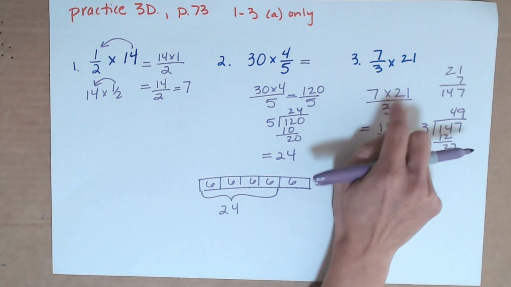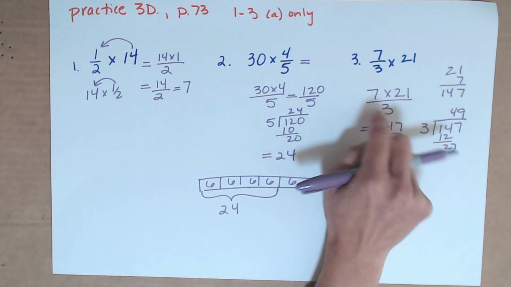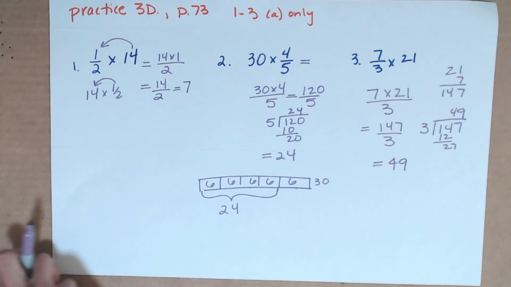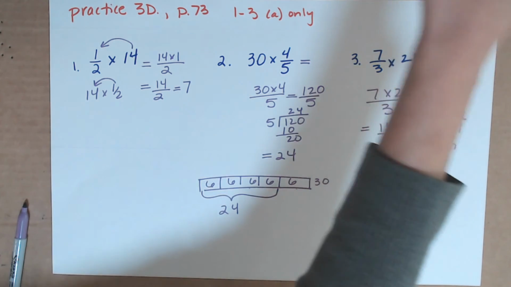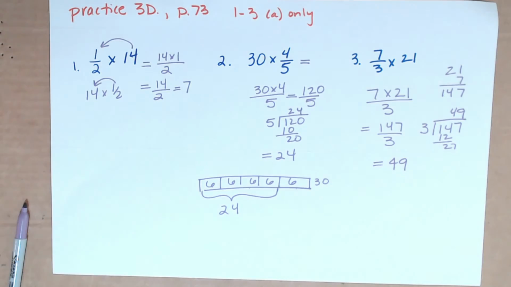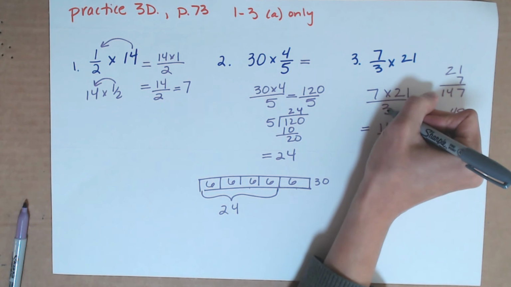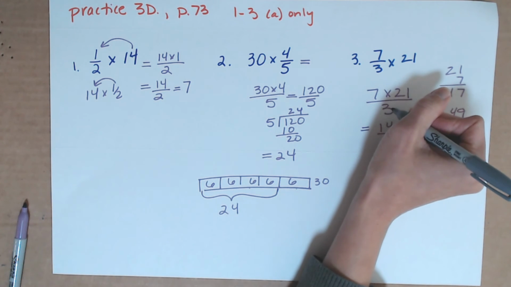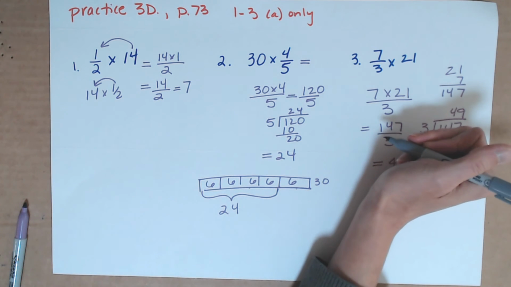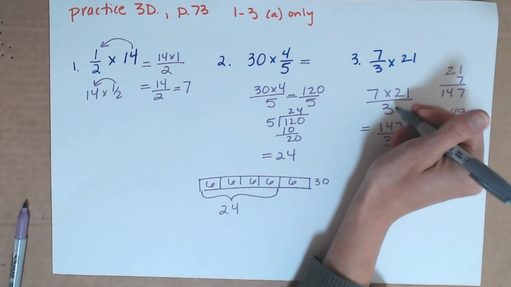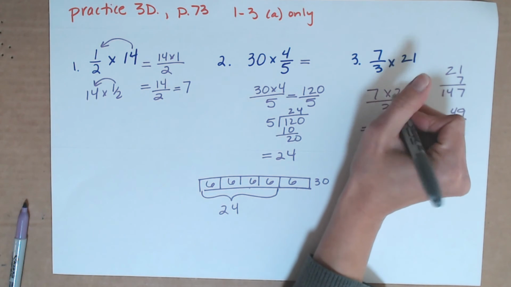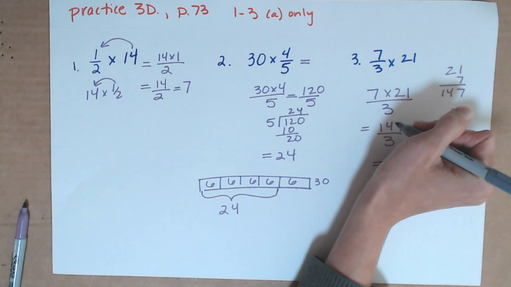Now I want to go back to this step here, where we have 7 times 21 over 3. We can actually simplify before we do that multiplication. 21 over 3. We can simplify at this point. We haven't talked about this in class yet, but let's just illustrate it here. We can divide the numerator and denominator both by 3.